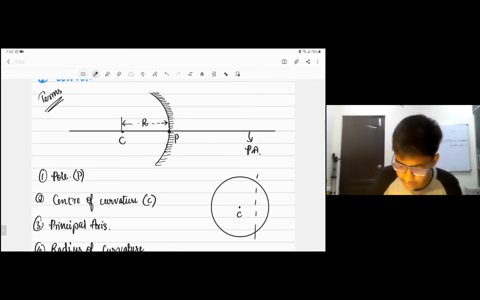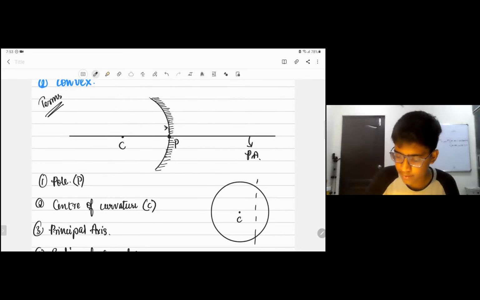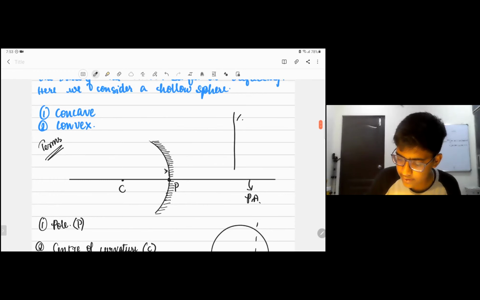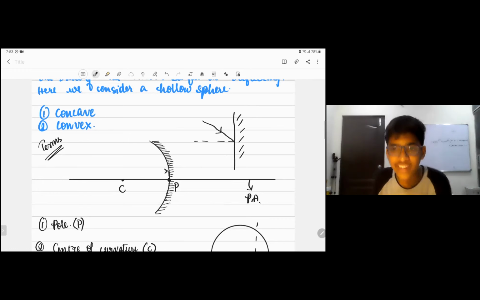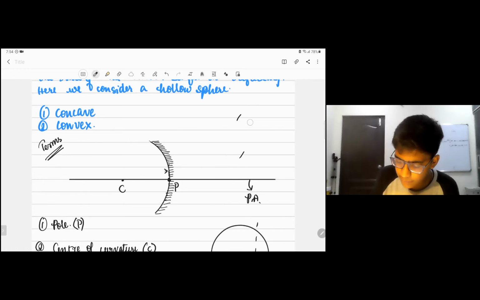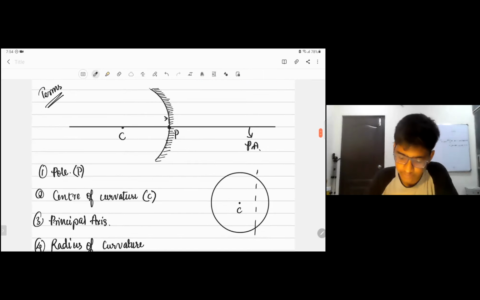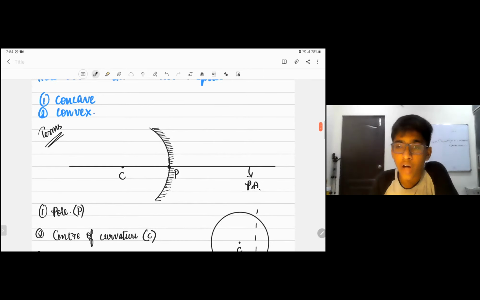Now, when light strikes a normal mirror, you draw a normal from the point of incidence. This we have discussed in the previous classes. When I talk about reflection in curved surfaces, how do you draw the normal?